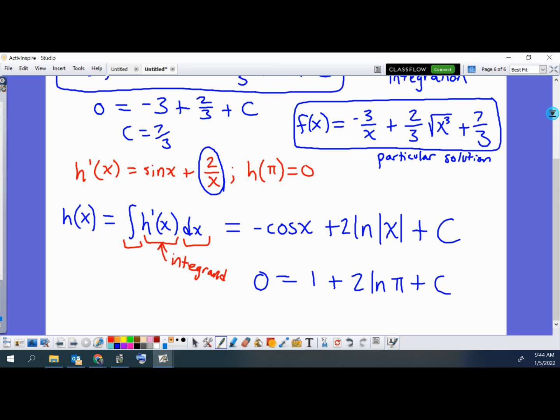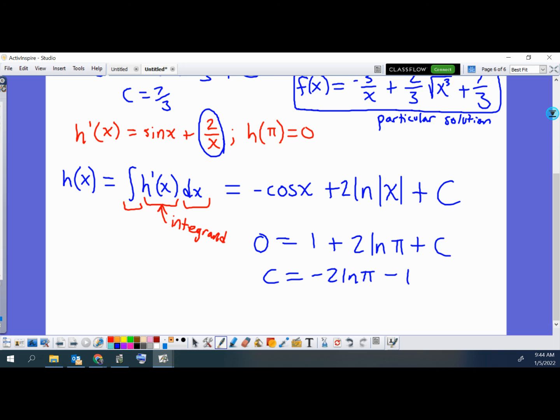There's not really much to do with that natural log of pi. It is what it is. So when we solve for c, we're just going to get c equals negative 2 natural log of pi minus 1. And plug that into our function. We get h of x equals negative cosine of x plus 2 natural log of the absolute value of x minus 2 natural log of pi minus 1.